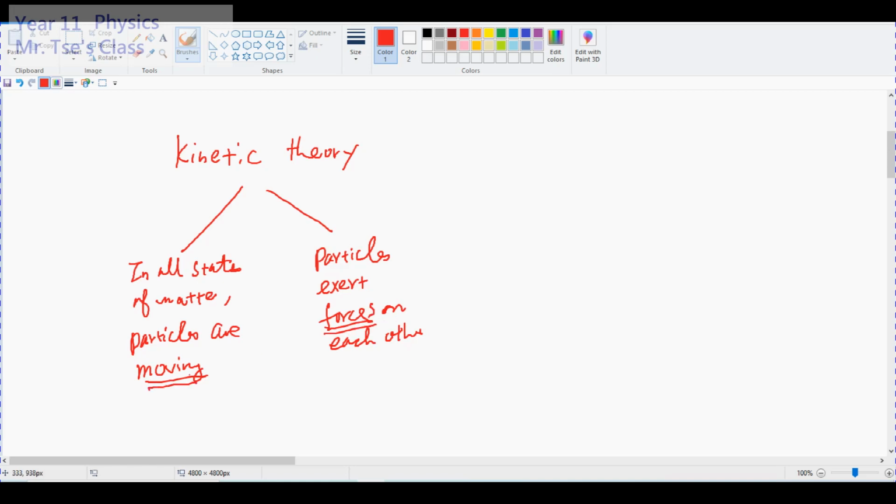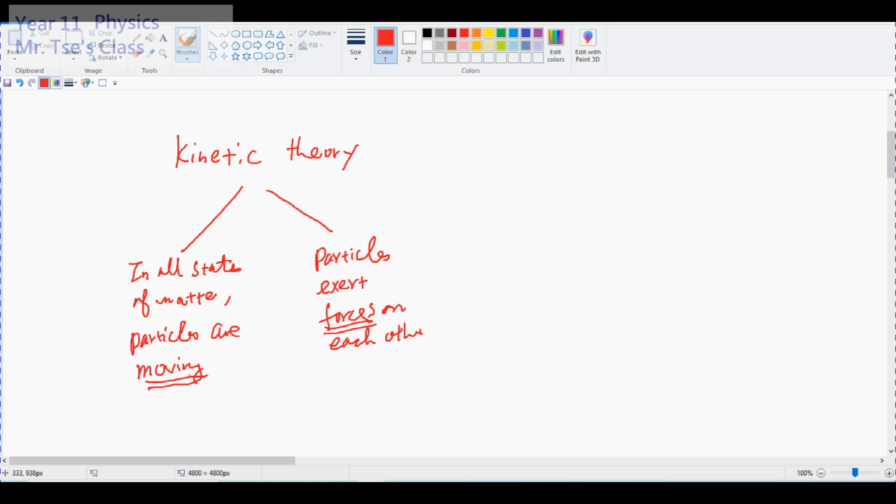And we know that the motion and forces are common in all states of matter, but they behave quite differently. For example, in terms of motion, particles in gas have the greatest freedom to move around, and they move at the highest speed compared to the other two states.